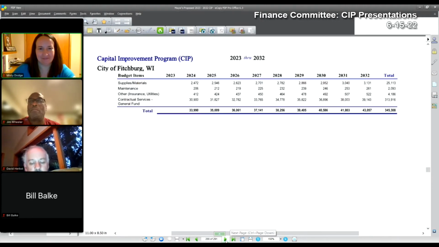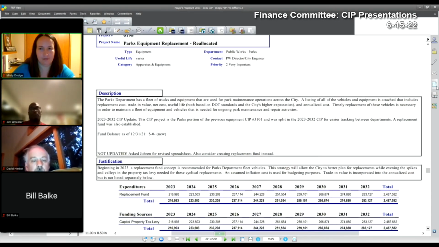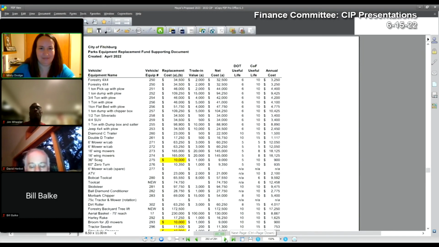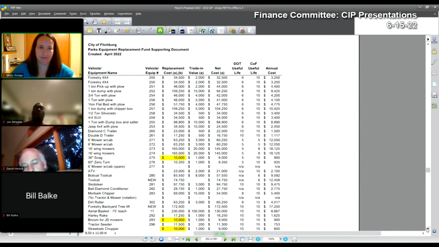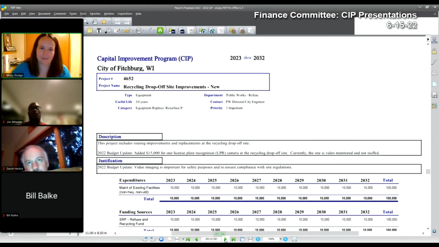6198, Parks Equipment Replacement. This is a project reallocated from 3101 for just the Parks Department. This project reflects updated costs and a replacement schedule for Parks equipment, as you can see there on the screen. 4652, recycling drop-off site improvements.